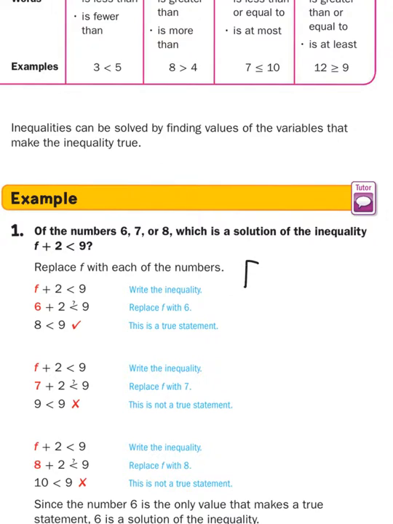So I'm going to start by writing my inequality. f plus 2 is less than 9. And I'm going to test each of my solutions and see. So let me start with 6. If I put 6 in for f and do 6 plus 2 is less than 9, well, 6 plus 2 is 8. 8 is less than 9. So 6 is a solution.